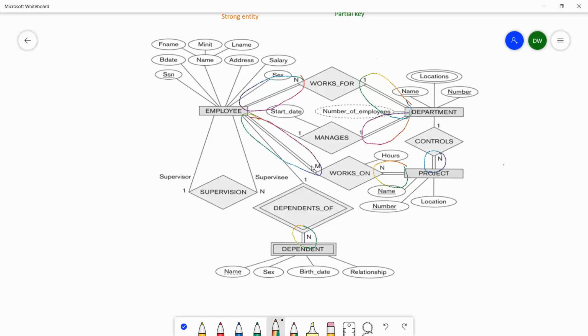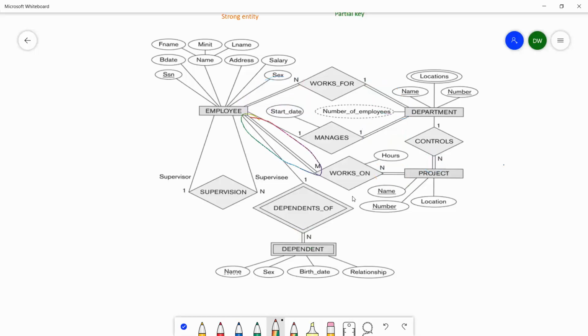So here the relationship says one employee works on many projects, and one project will have many employees. That is how we read that. That means when we talk about participation, one employee will participate in one or more projects, and one project will have one or more employees, right? That's the idea when we talk about participation.